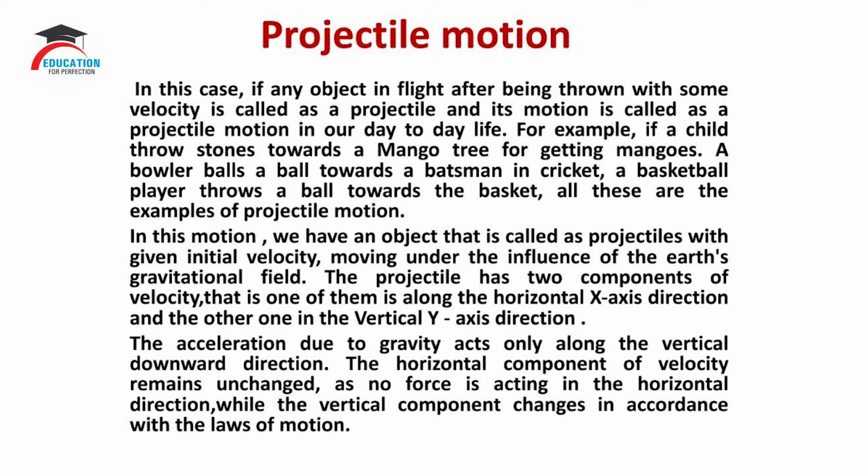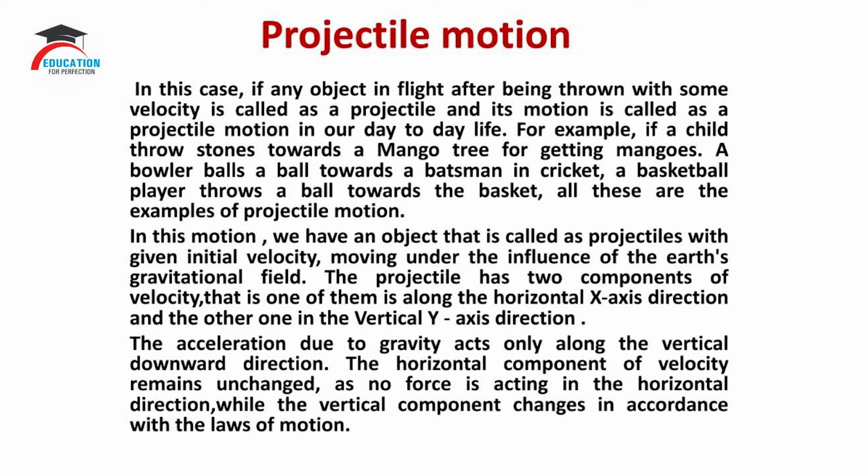In this motion, we have an object called a projectile with given initial velocity, moving under the influence of the Earth's gravitational field. The projectile has two components of velocity, one along the horizontal x-axis direction and the other in the vertical y-axis direction.